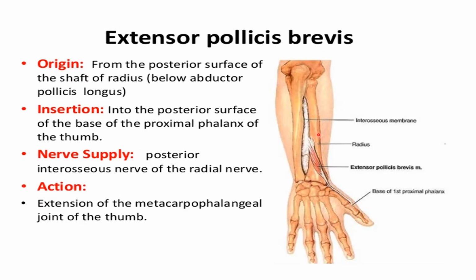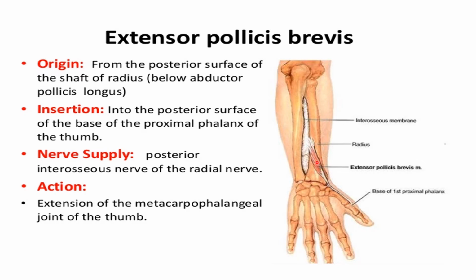So extensor pollicis brevis, as the name indicates, brevis means it has a small tendon. It is shorter than the extensor pollicis longus, and it lies distal to the abductor pollicis longus and is partly covered by it.